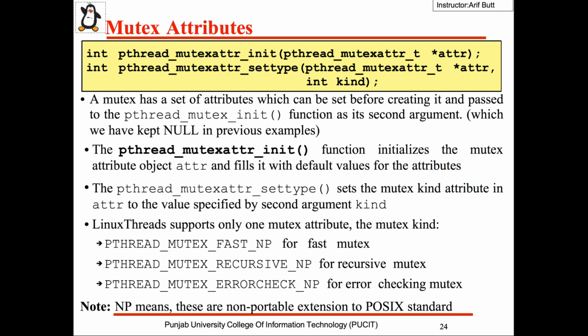Well, we can use these two functions, pthread_mutexattr_init and pthread_mutexattr_settype, to initialize the mutex attribute object and set its type to something other than the default. We can see the man pages for the details.